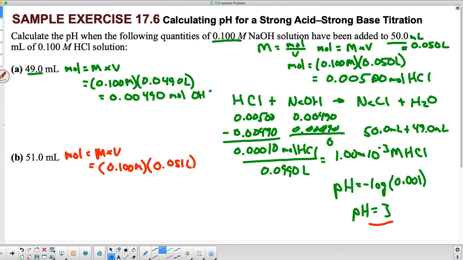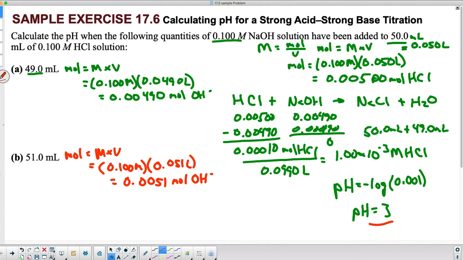That makes a little bit of a difference, because what it ends up being is 0.0051 moles of sodium hydroxide.